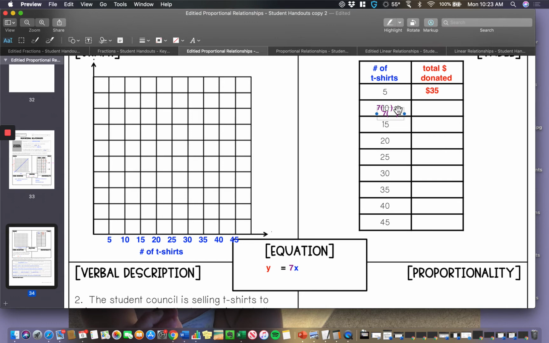And then again, I could do 7 times 15 because each x value is going to be changing.